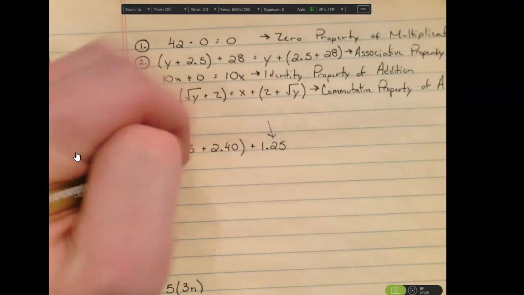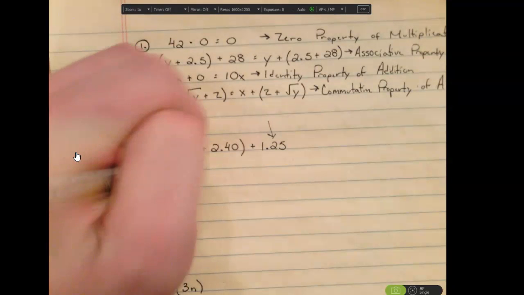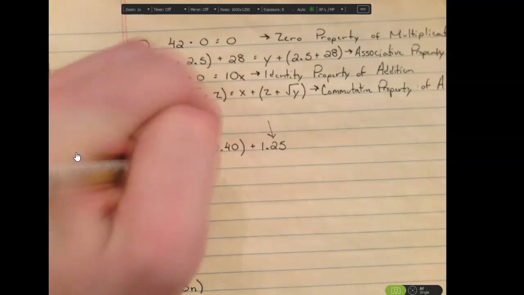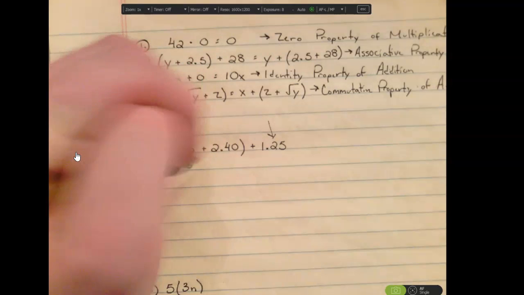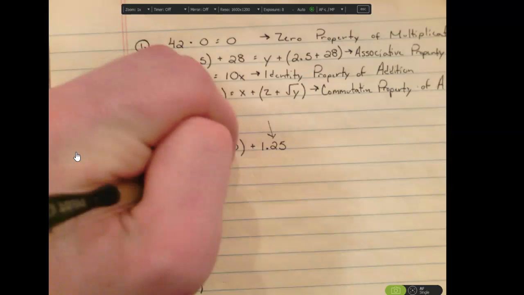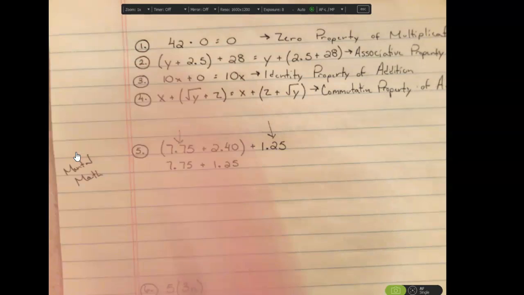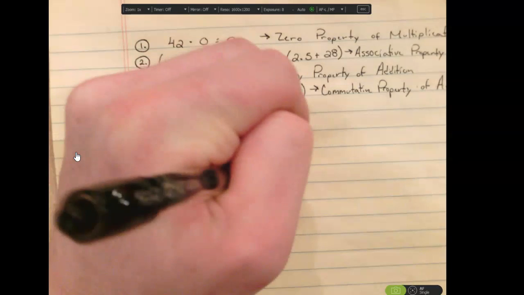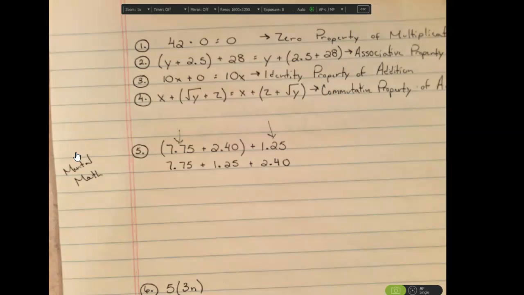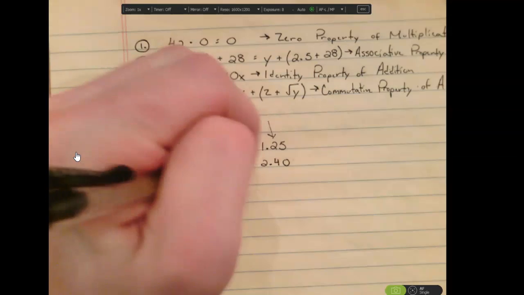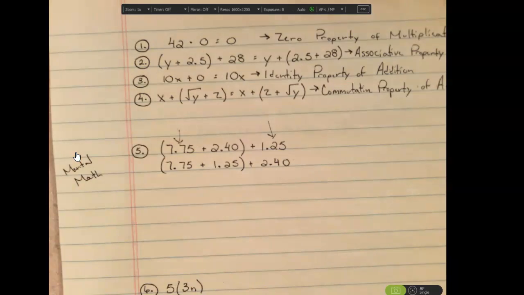So I'm going to rewrite this as (7.75 plus 1.25) plus 2.4. And I'm going to keep those parentheses now around my next two set of numbers.